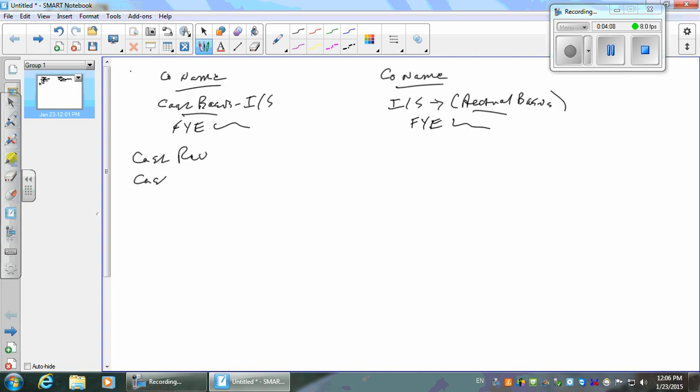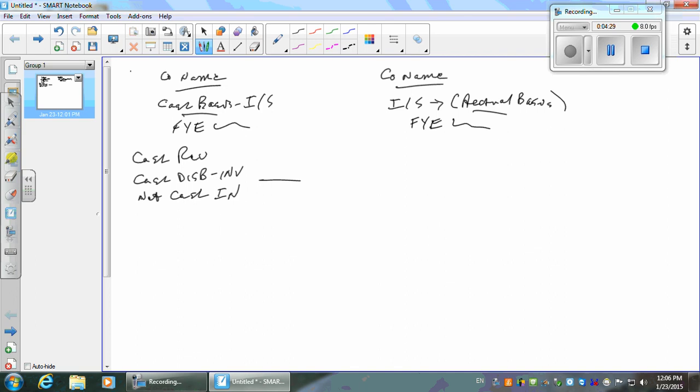So cash dispersed for inventory, sound good? And then what I might have is net cash for that one. Net cash in. You can call them whatever you want on a cash basis one.